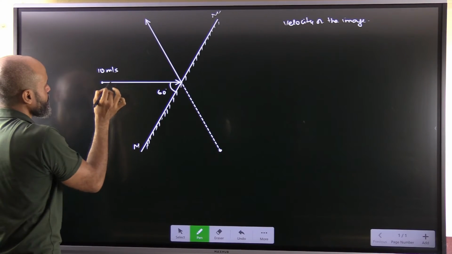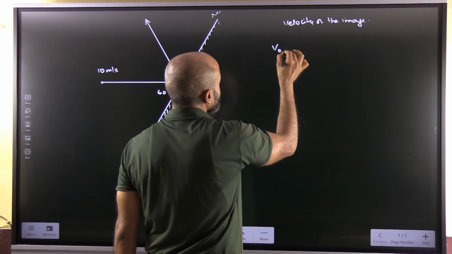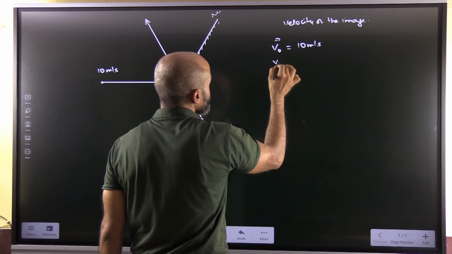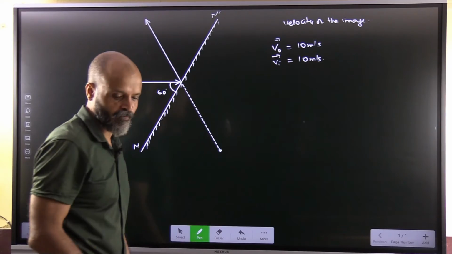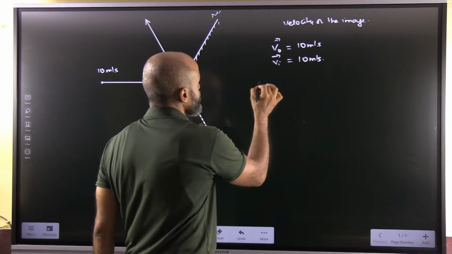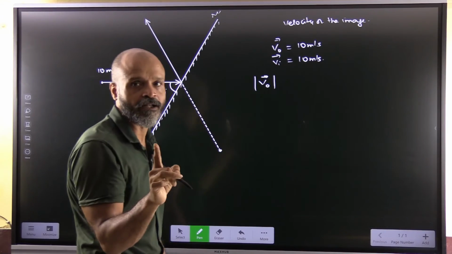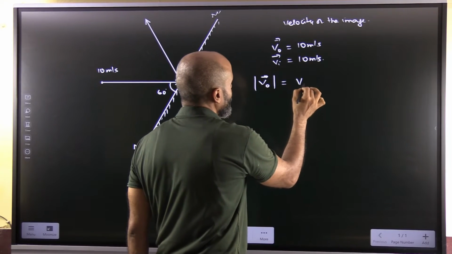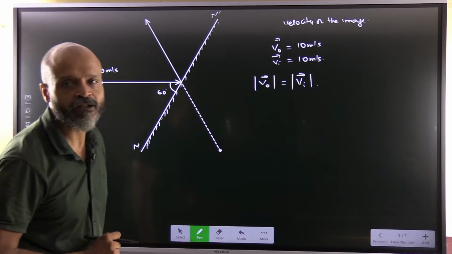The object is moving with a velocity of 10 meter per second. So the velocity of the object is 10 meter per second, and the velocity of the image also will be 10 meter per second. Now we will just have to find out the directions in which they are moving. So we can very well say that the magnitude of the velocity of the object will be equal to the magnitude of the velocity of the image.